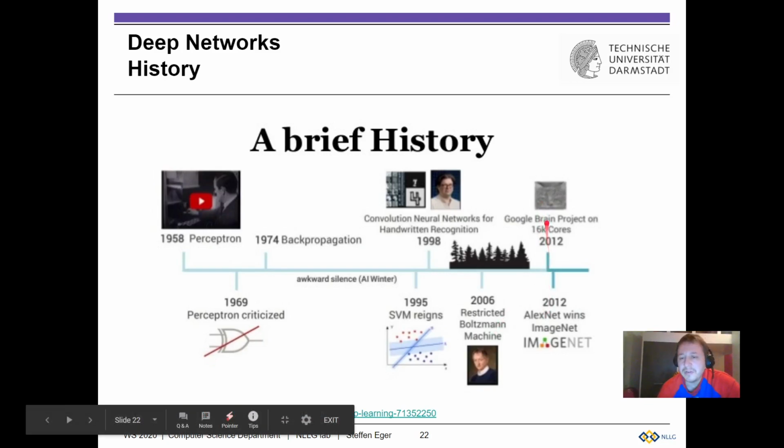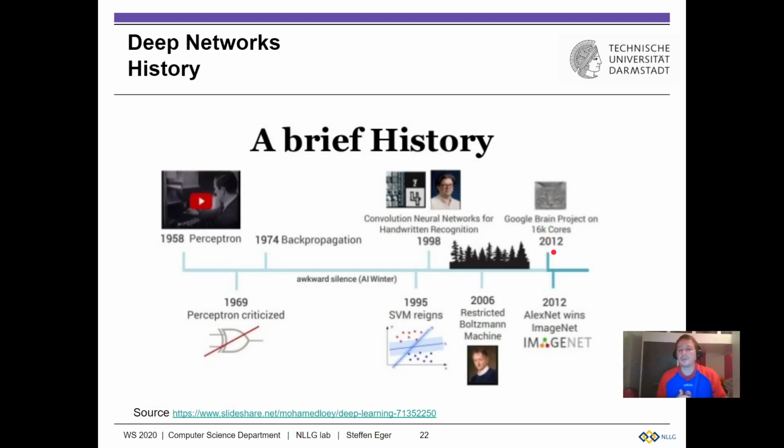And then everything took off around the start of the 2010s, when there was something called AlexNet. This was a model in the computer vision community that could perform quite well on image classification. Google Brain also had some projects.